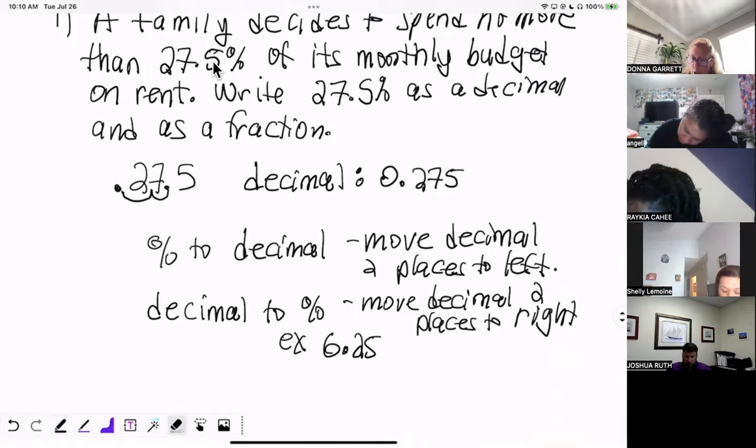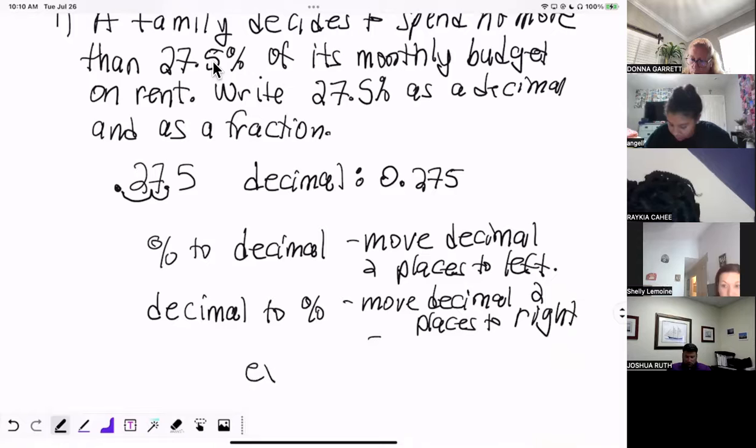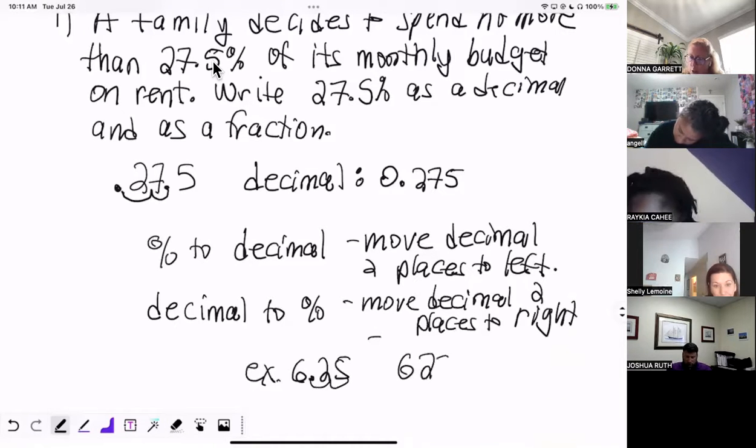So if I have 6.25, I would take my decimal and move it 2 places to the right, to 625%.